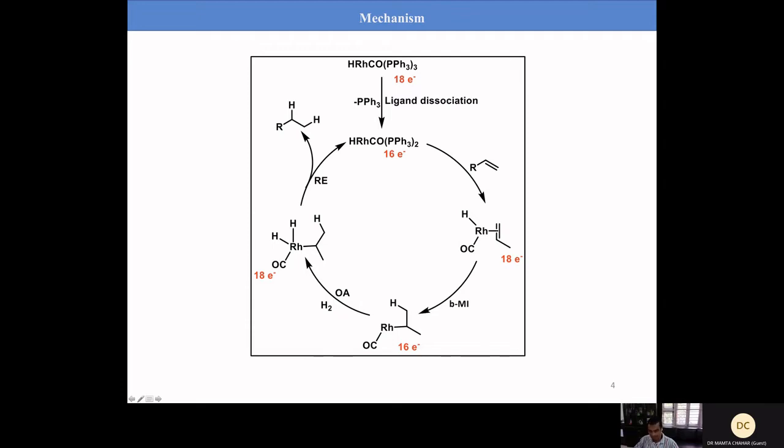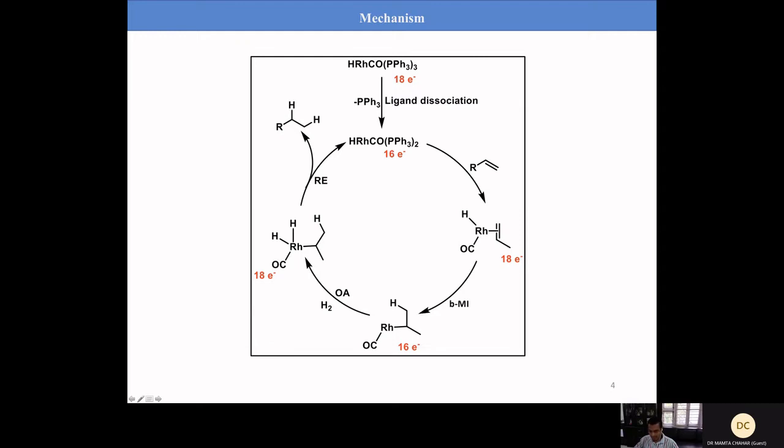Now from there, as you can see, the olefin can coordinate. Why in this case can the olefin coordinate? Because it is a 16 electron species, it can go to an 18 electron species right away. Subsequently, a beta migratory insertion at this olefin can take place to give you this 16 electron species.